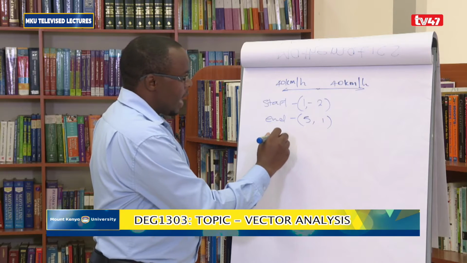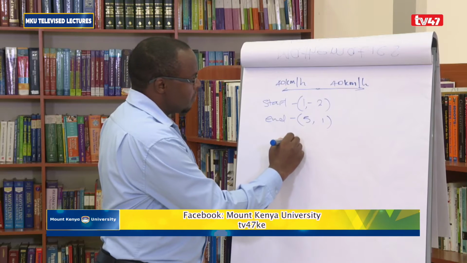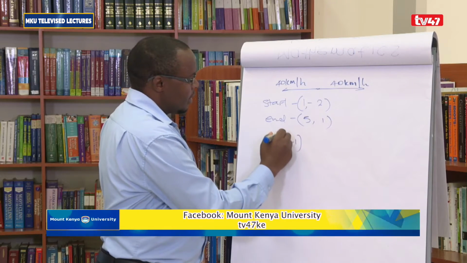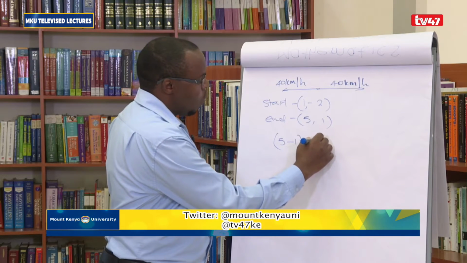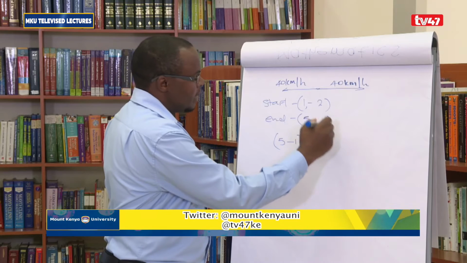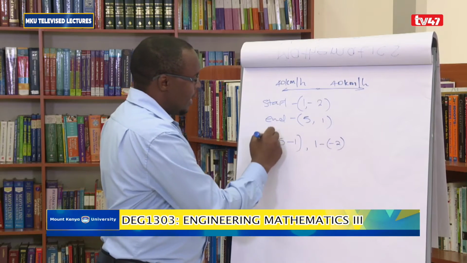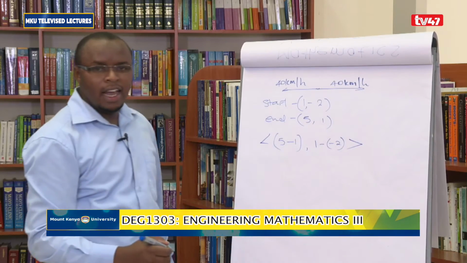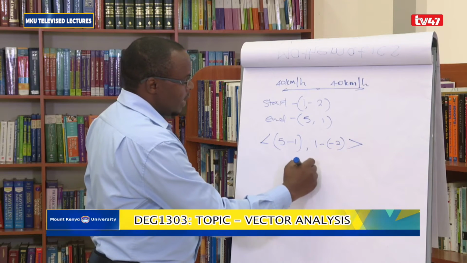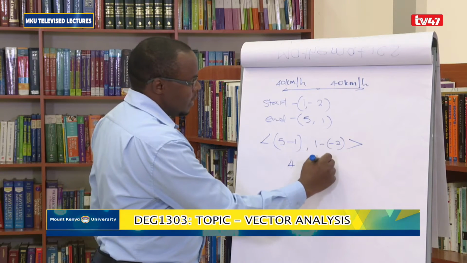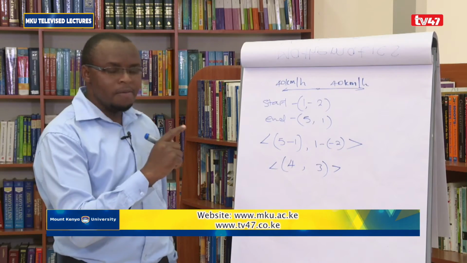Therefore, the components are 5 minus 1, then a comma, and then 1 minus negative 2, which gives 4, comma, 3. So this is the component form of that vector.